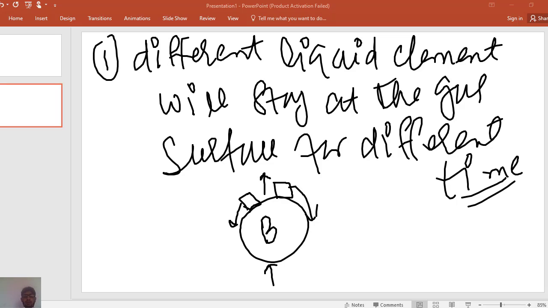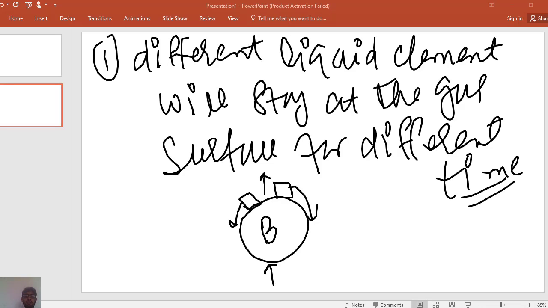But sometimes a large bubble can stay for less time, and sometimes a small bubble will stay on the surface for a large time. Sometimes the size of the bubble is small, and sometimes the rising velocity of the bubble is high or small.